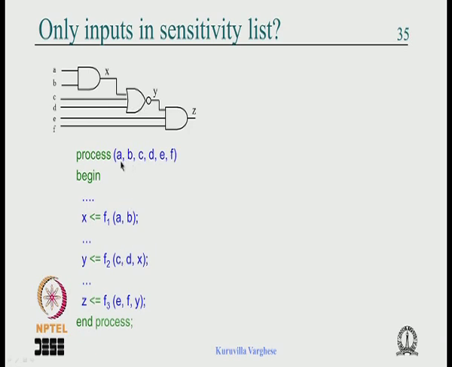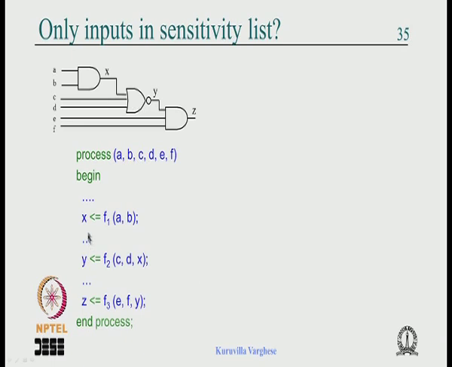Now you know that there is an event on A, so X is computed, but X is assigned later. Suppose the event happens at 100 nanoseconds, X gets that value at 100 plus delta nanoseconds, but when it comes to Y the value of X used is that of 100 nanoseconds, not 100 plus delta nanoseconds, because the current simulation time is 100 nanoseconds. So Y is computed using the old value of X. Similarly Z is computed using the old value of Y. It does not matter, as I said we have written it in the proper order, but you see that X gets the correct value, Y and Z do not get it at all.